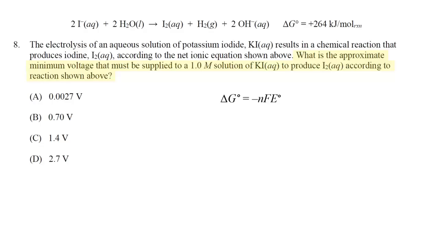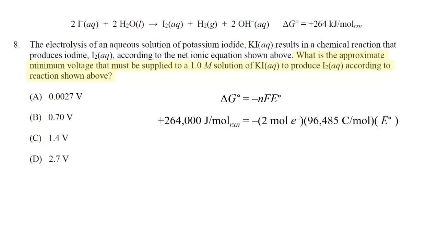Watch out for your units because remember that a coulomb times a volt is equal to a joule. So I need to change positive 264 kilojoules into joules. That would be multiplying by 1,000, 264,000 joules.